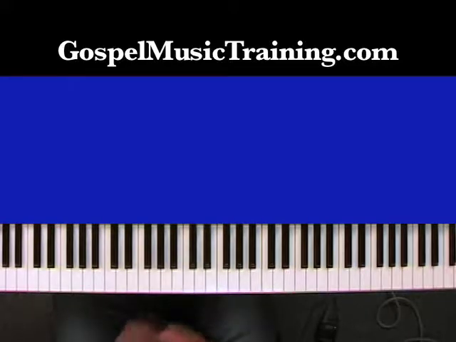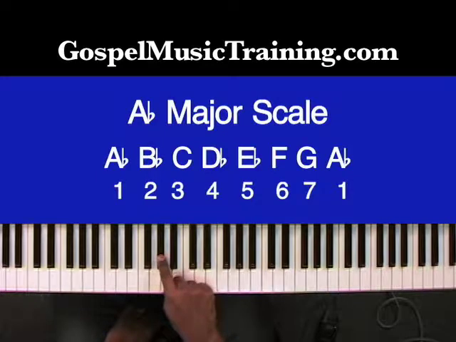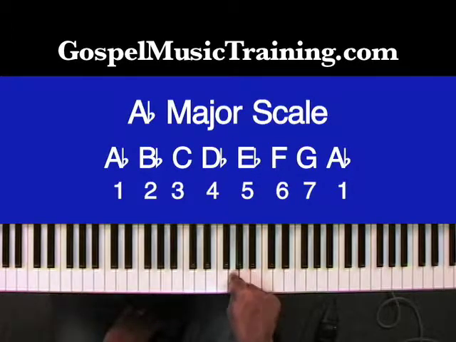Let's go to the key of A flat. A flat is 1. B flat is 2. C is 3. D flat is 4. E flat is 5. F is 6. G is 7. A flat is 1 again.